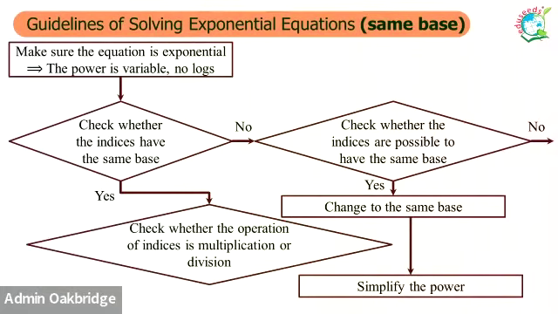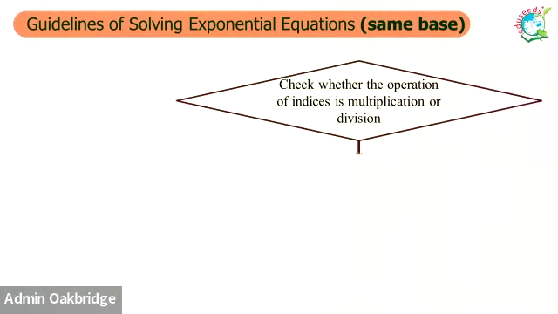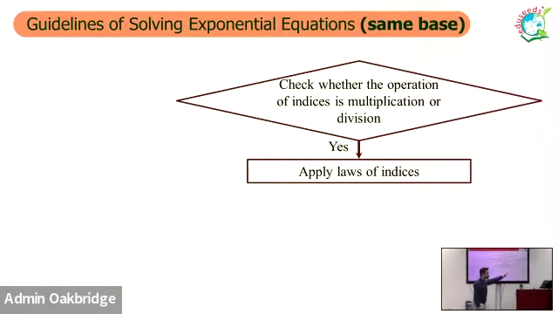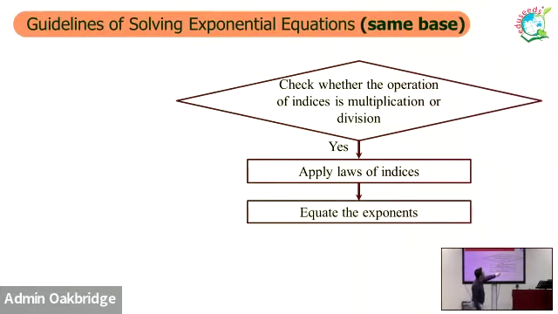This is very important, because this will decide whether you should apply the law of indices or not. So if the operation of indices is multiplication or division, then you can apply the laws of the indices. If cannot, let's continue to this one first.